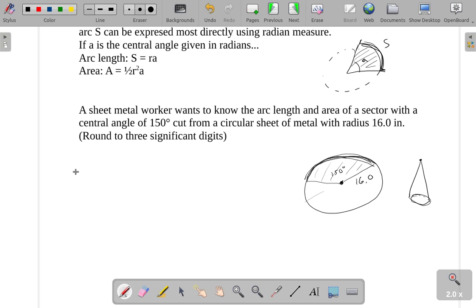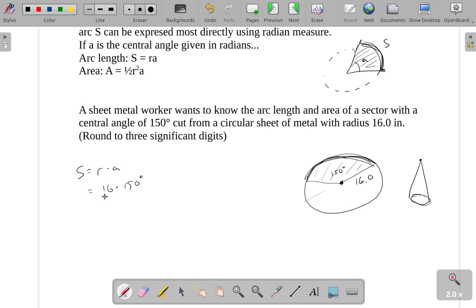We know that the arc length, S, is equal to r times a, so the radius is 16. The a is 150 degrees, but in order to do this, degrees don't really cancel out very well. When we're dealing with radians, it's kind of a non-unit. This a is intended to be a unitless ratio.